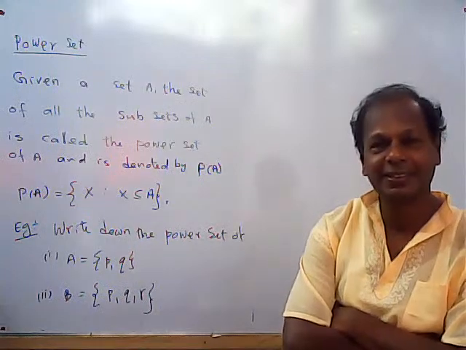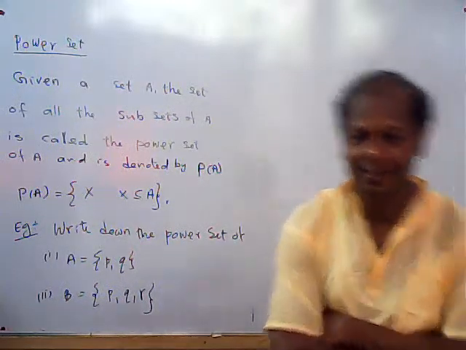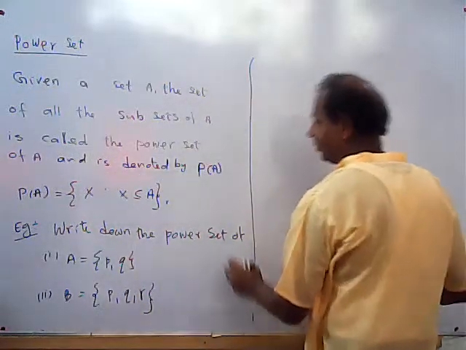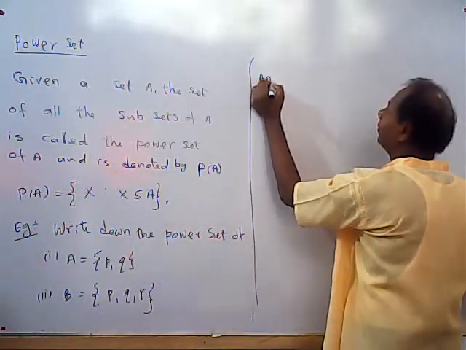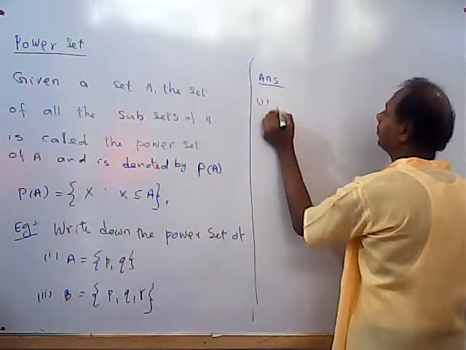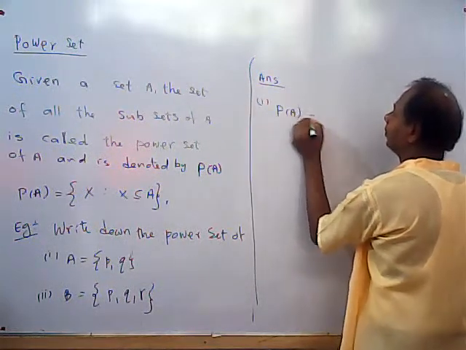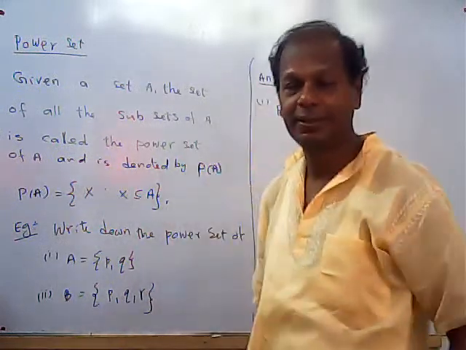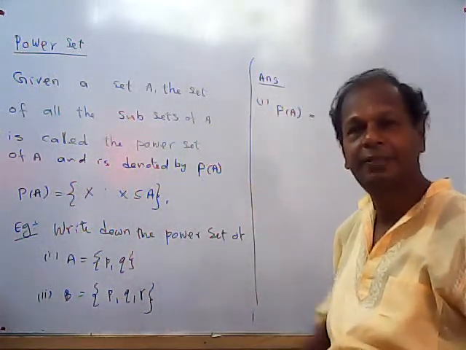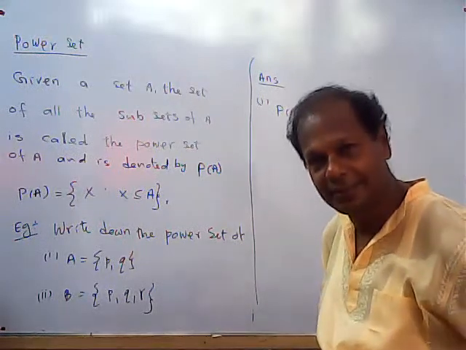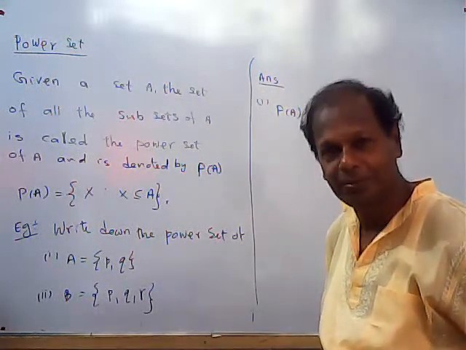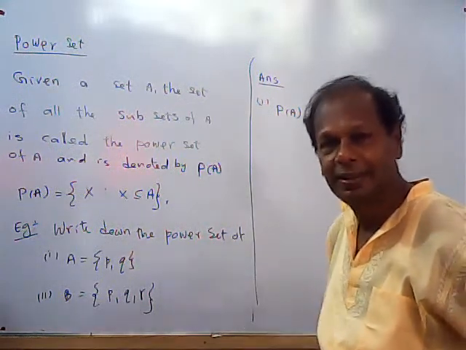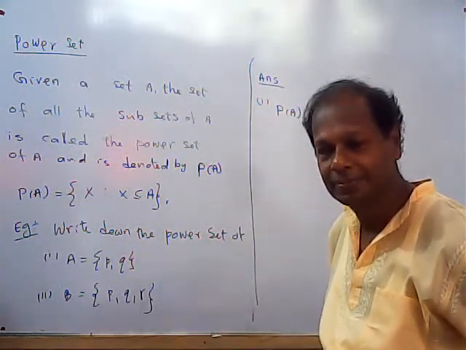So what is the answer? Power set of A. As we discussed earlier, even without seeing the set, you can suggest two subsets, the null set and the set itself.